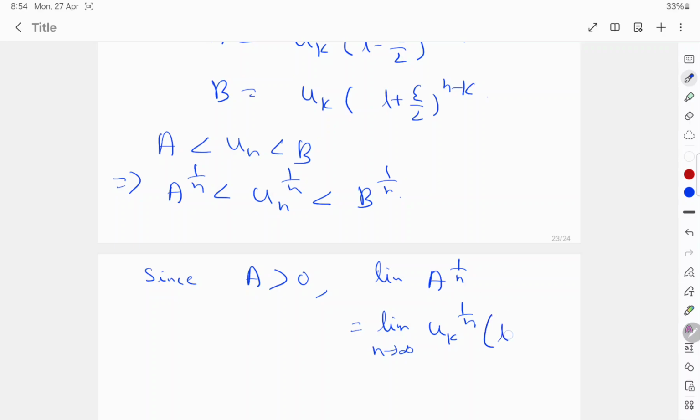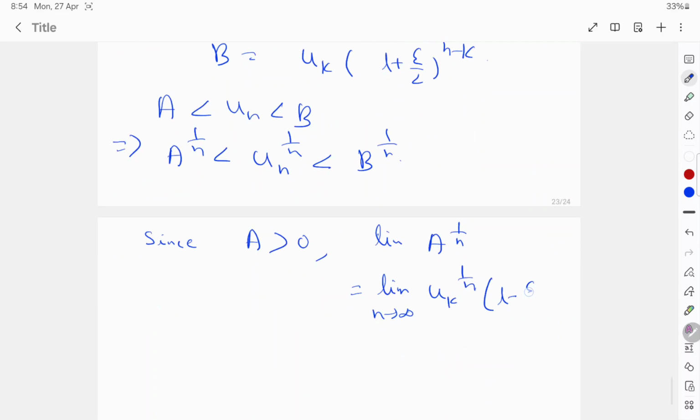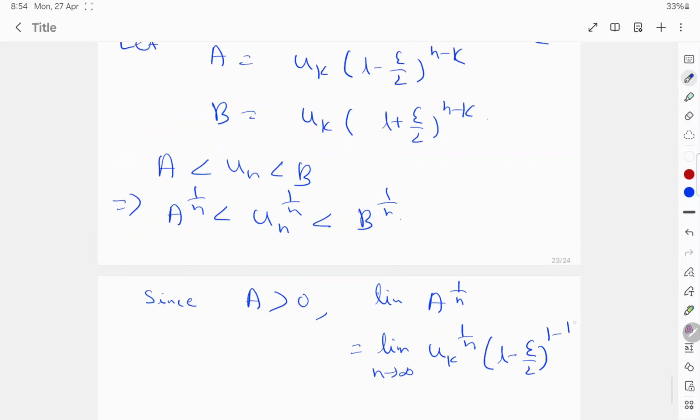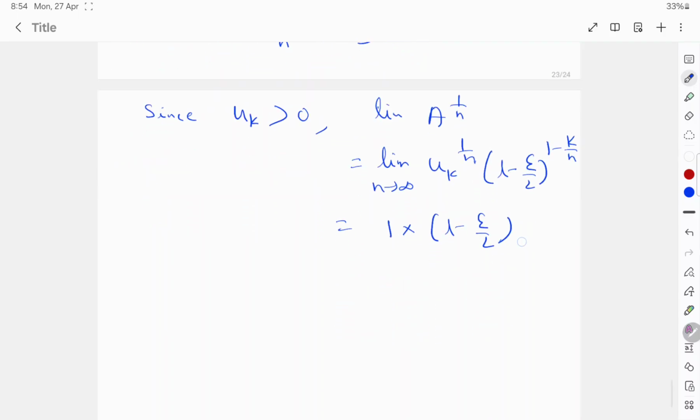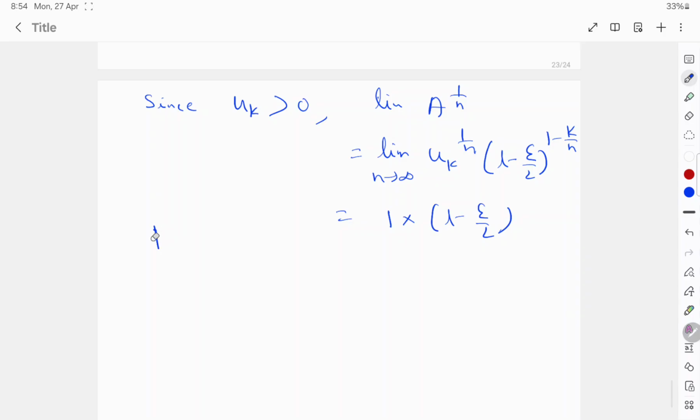Okay, then you have l minus epsilon by 2 whole to the power 1 minus k by n, right? Since uk greater than 0, you just write. So uk greater than 0, that means this is going to 1 into, you see k by n going to 0, so you have l minus epsilon by 2. Okay, and similarly limit b to the power 1 by n will be l plus epsilon by 2.